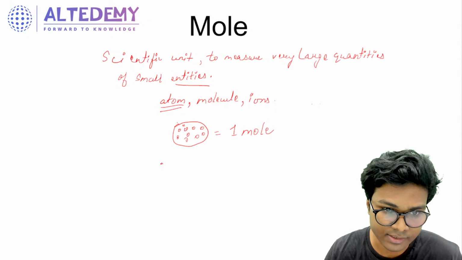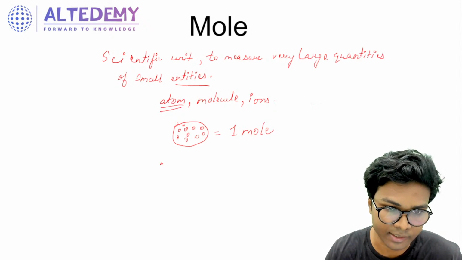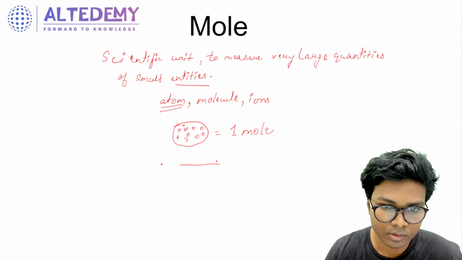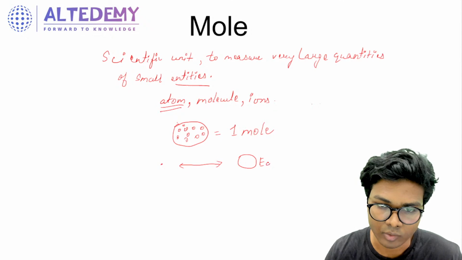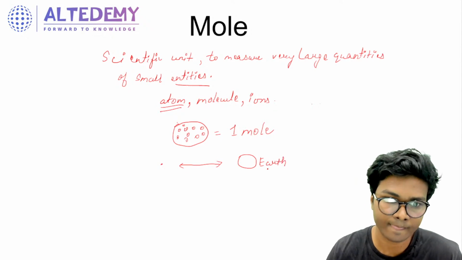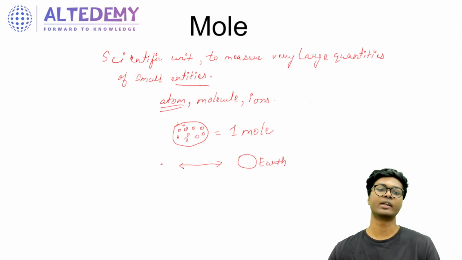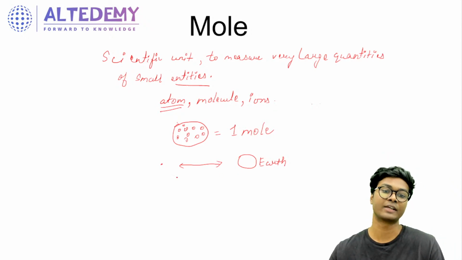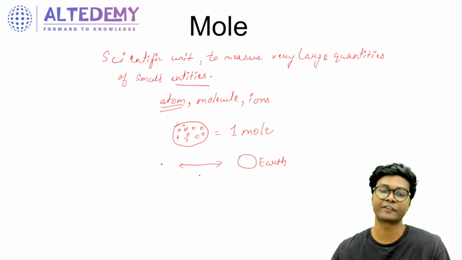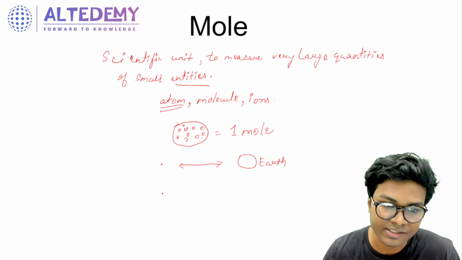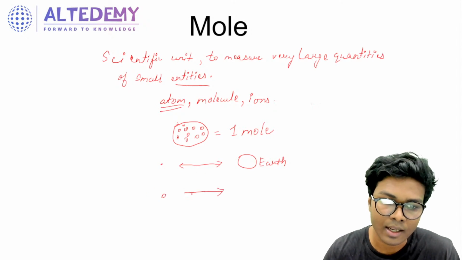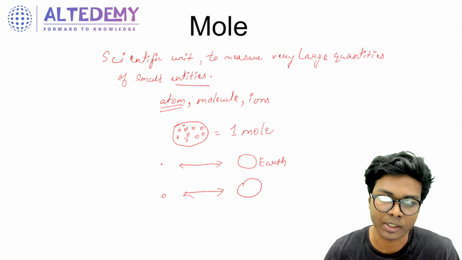If this is a dust particle and this is our planet Earth, then the difference between their sizes, we all have seen a dust particle and we all know how big our planet Earth is. So you can comprehend the difference between their size. That is equal to the difference between the size of an atom and a dust particle.